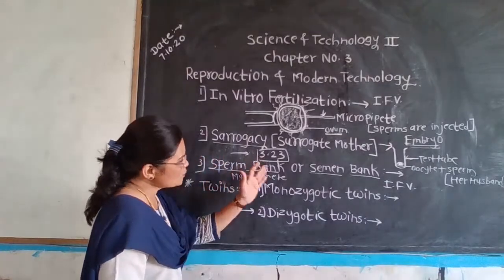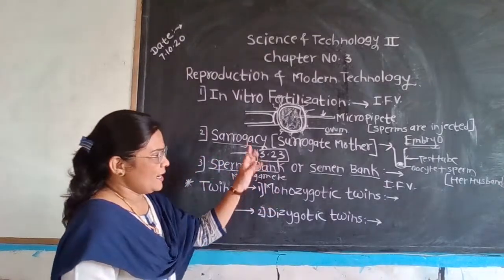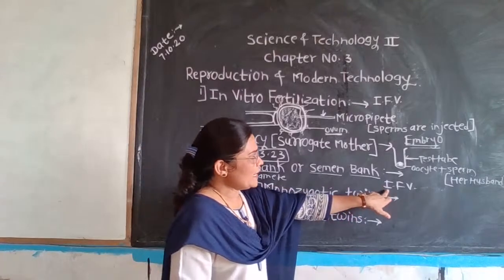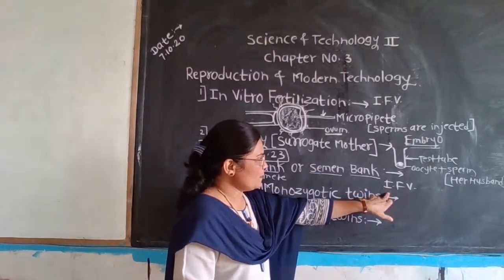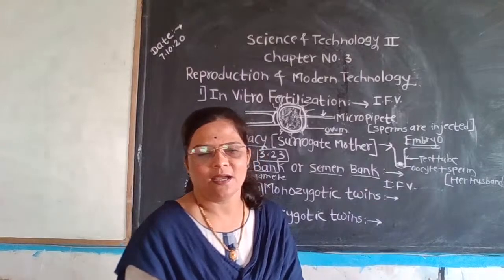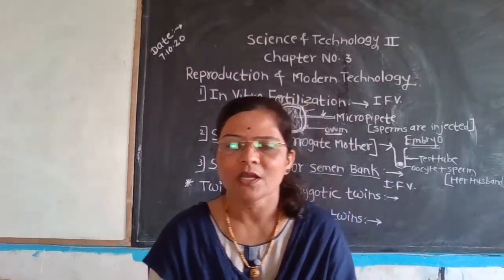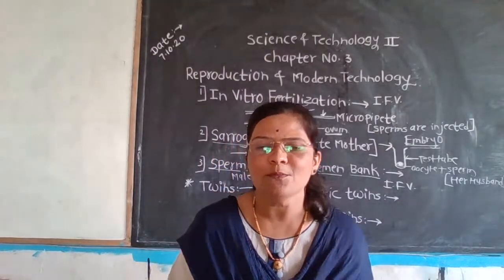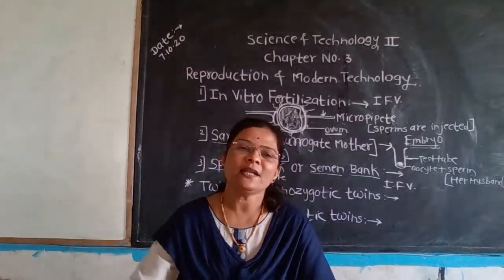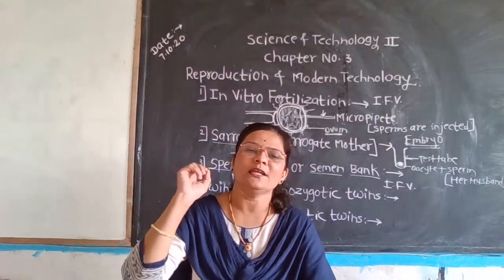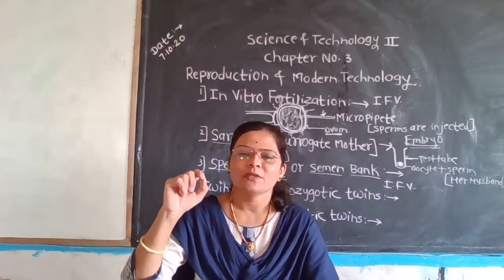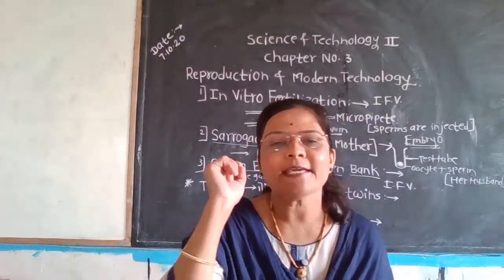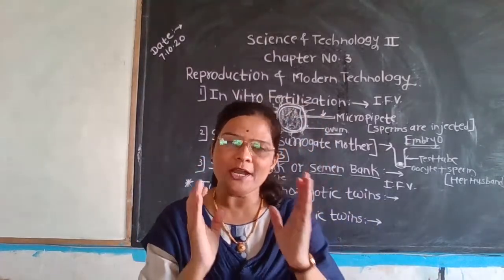The sperm bank is used, and then in a laboratory, in a test tube, the fertilization takes place, and that embryo is taken and implanted in the uterus of the same woman. But the name of the semen donor is strictly kept secret, students, according to the law.